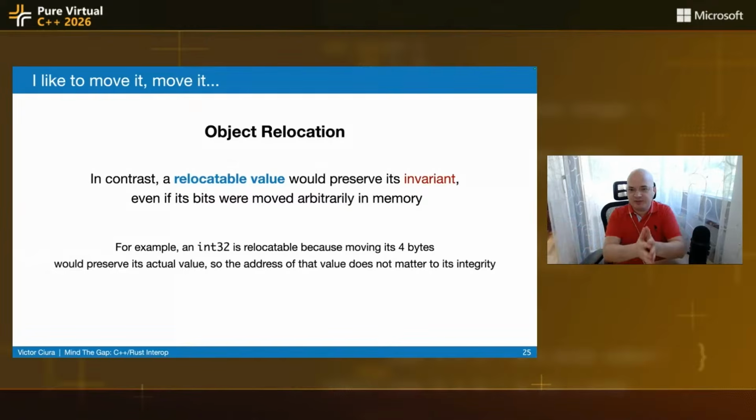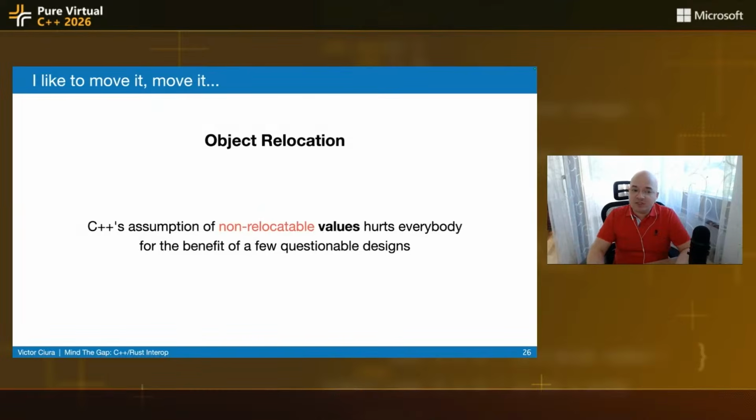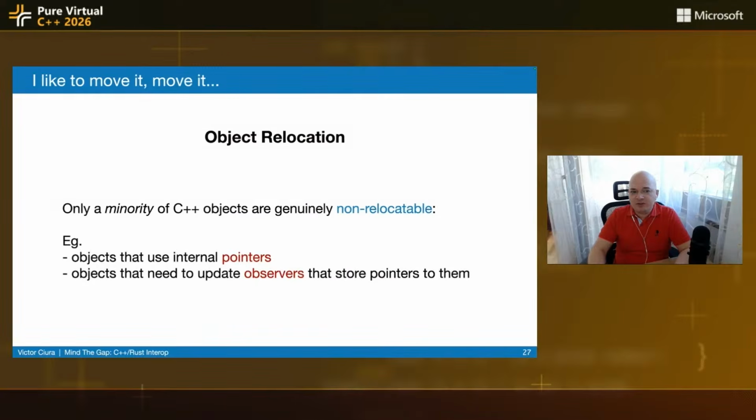So, for example, a 32-bit integer is the same if you move the 4 bytes someplace else. The C++ assumption of non-relocatable values hurts everyone for the benefit of a few questionable designs in code out there. I'm not saying they're not there, but in general, I think we can do without. So only a minority of C++ objects are genuinely non-relocatable.